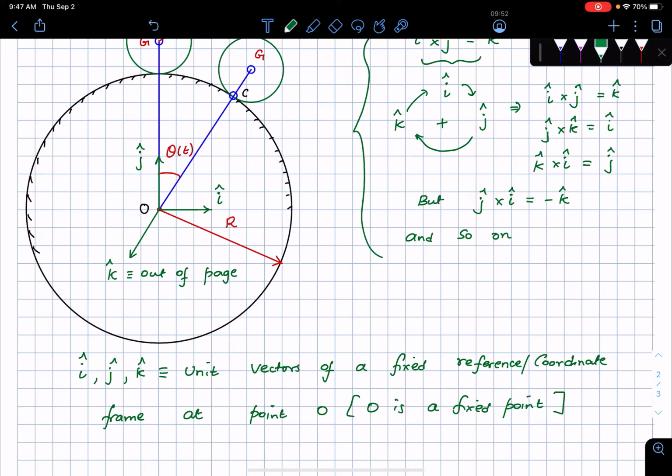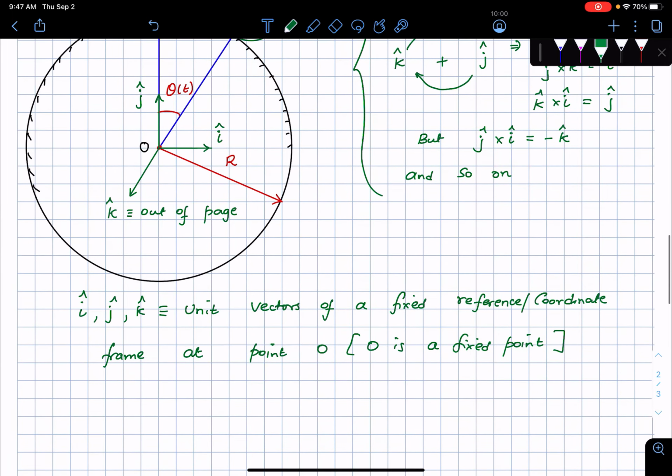If point O is fixed, it means that its velocity and acceleration are all zero. Such a point is also called a stationary observer.